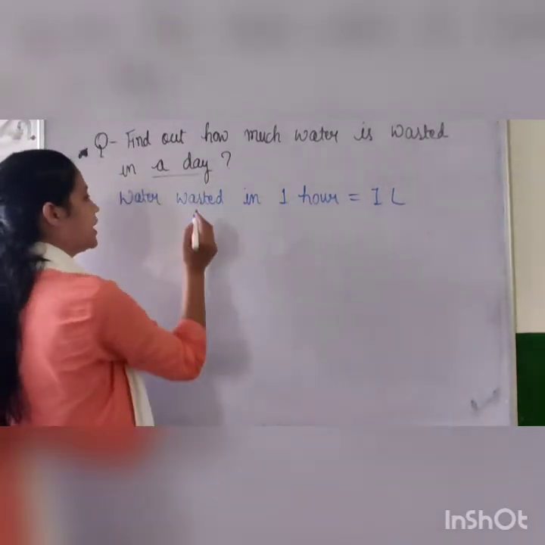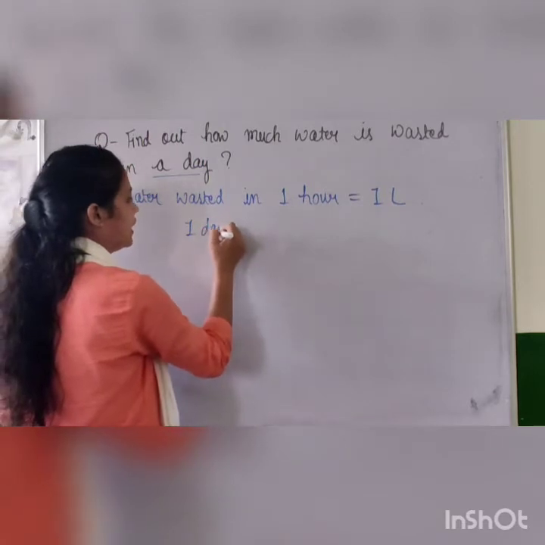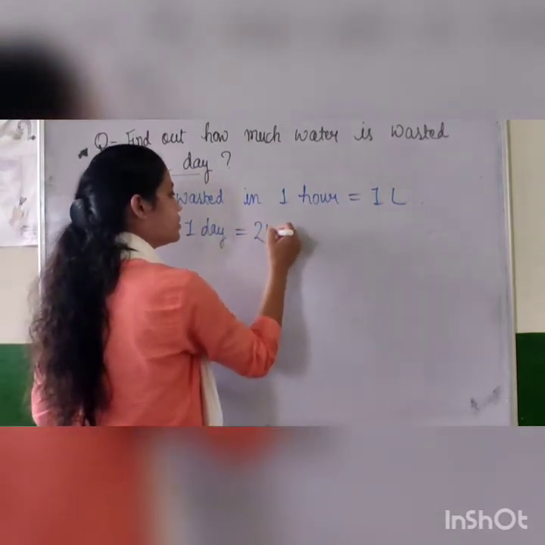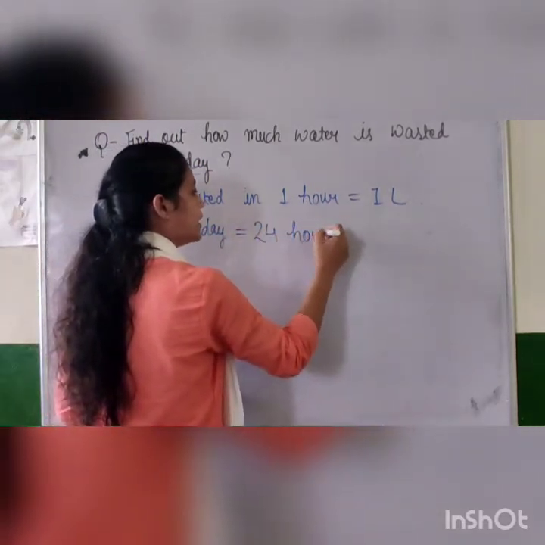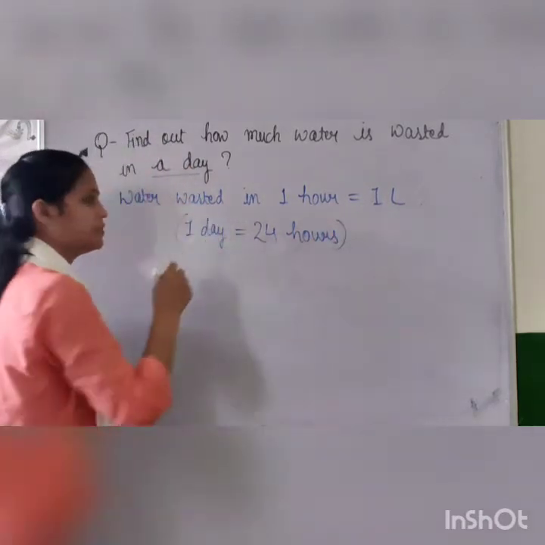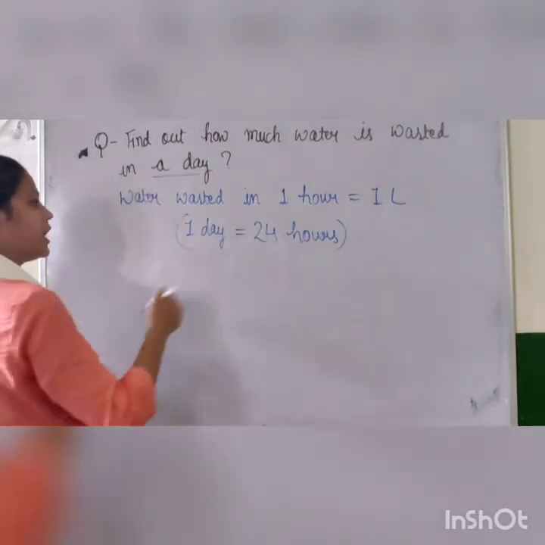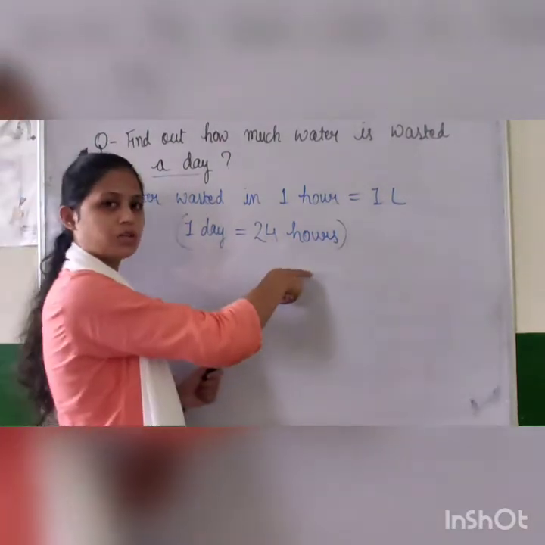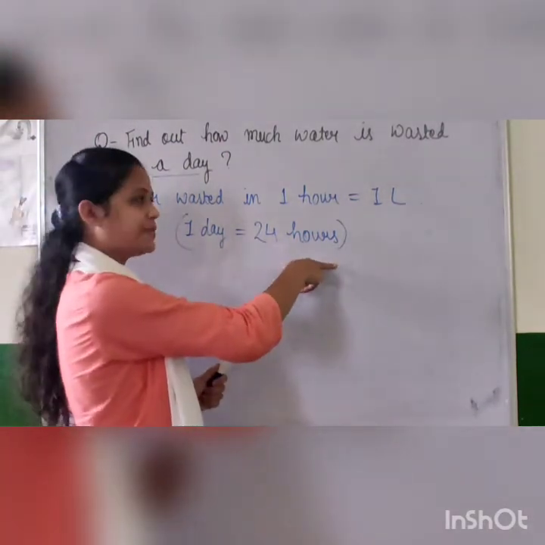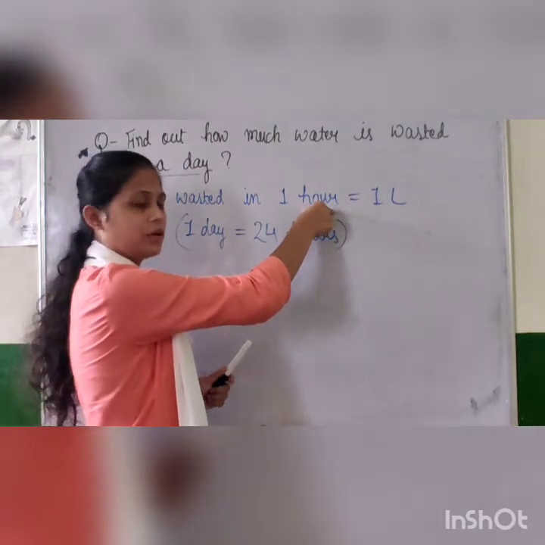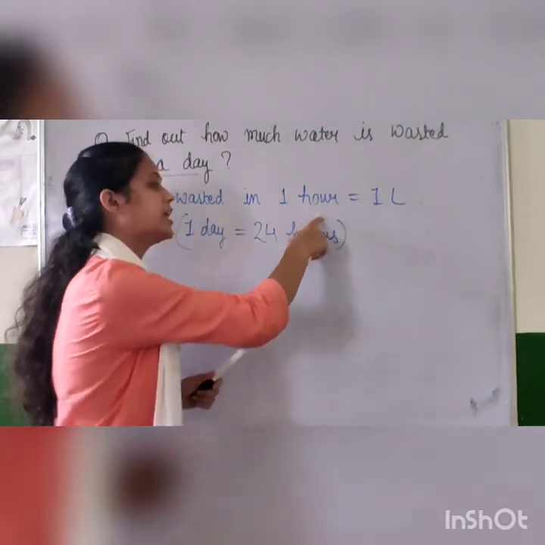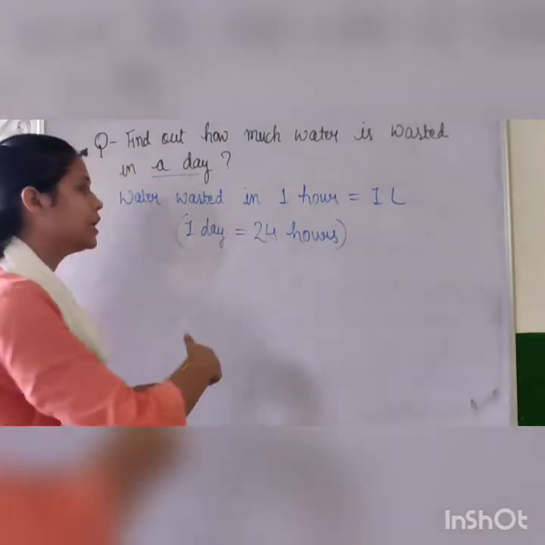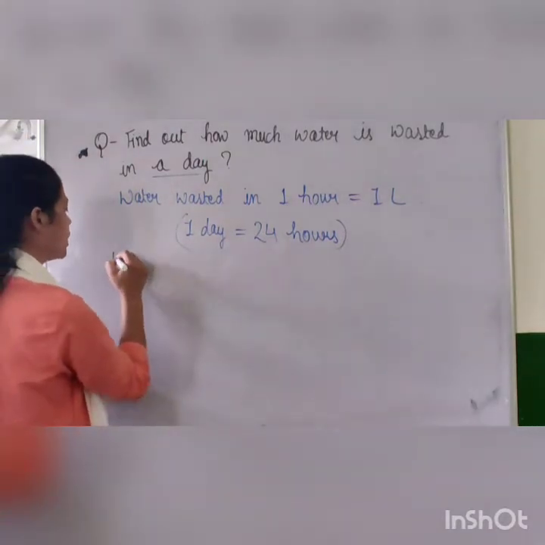As we know, in 1 day there are 24 hours. So we will now find out for 24 hours, because 1 day means 24 hours. An hour is given here, so we will find out from the hour. So let's find out for 24 hours.